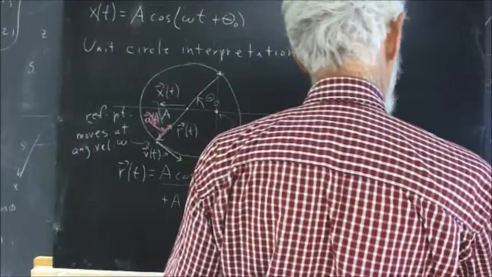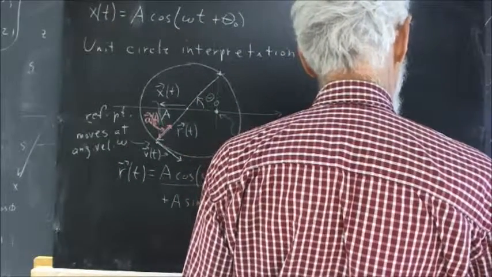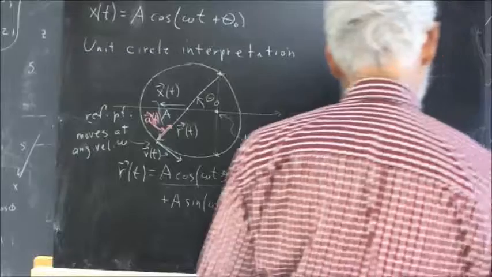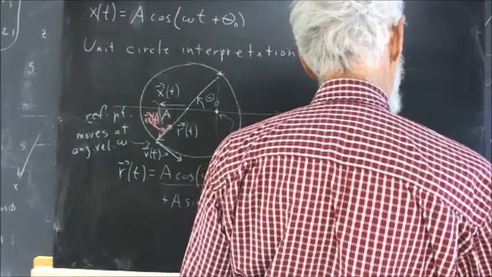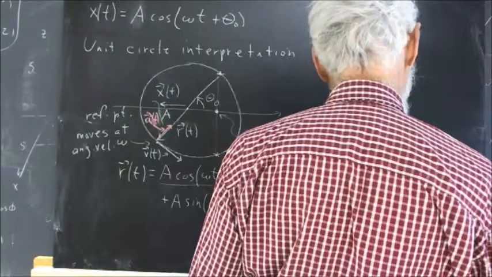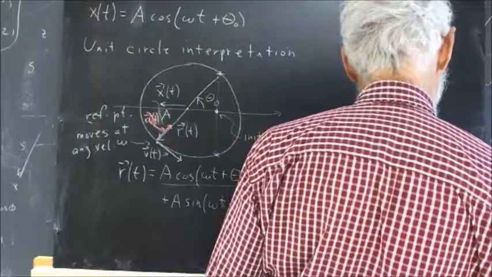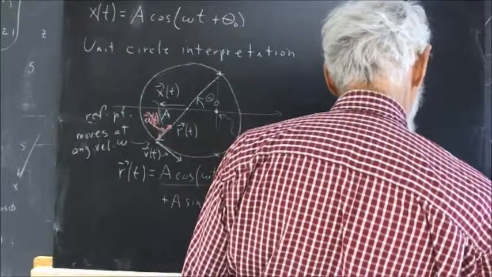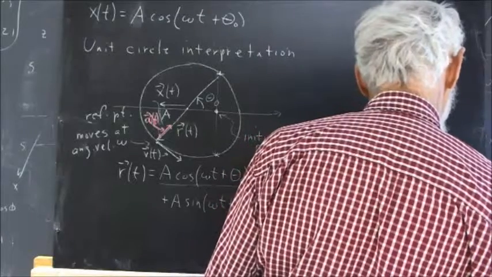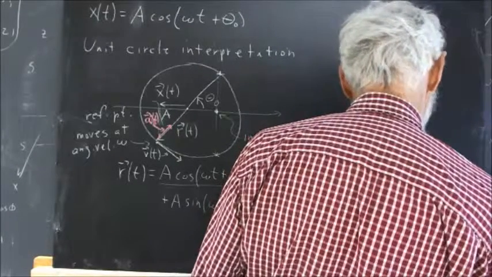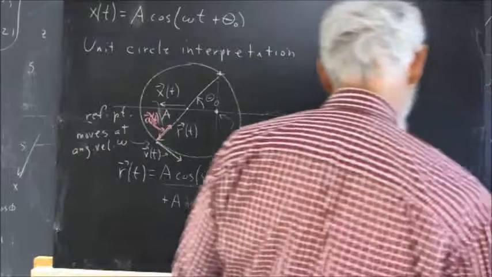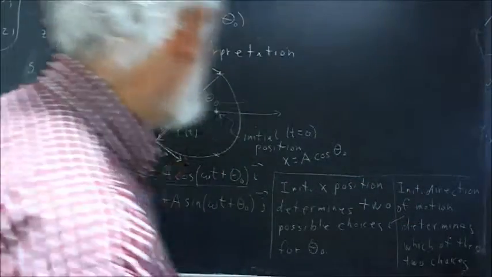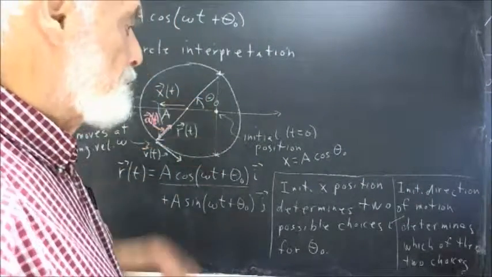And the initial direction of motion determines which of the two choices. So that the initial x position and the initial direction of motion tells you what theta naught is, okay?